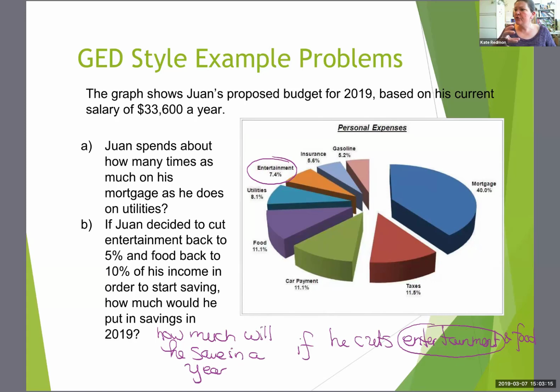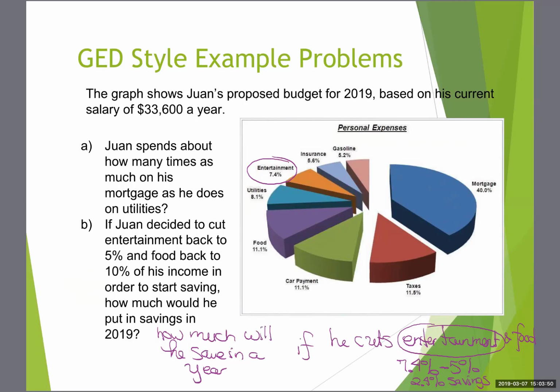Maricela showed us that on the last problem, taking 100% and taking out the 85. We can start with that 7.4% and subtract out 5%. We can always subtract the same kinds of things, percents from percents. We can't subtract dollars from percents, but we can do percents from percents. So that remaining 2.4% from entertainment is going to get used for savings.